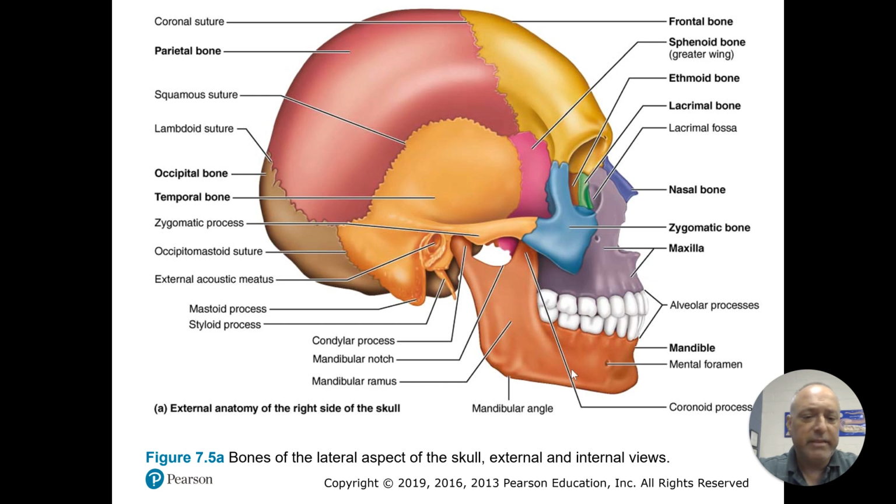We see our processes of the mandible, the condylar process and the coronoid process. And in the temporal, we've got a mastoid process and a styloid process.